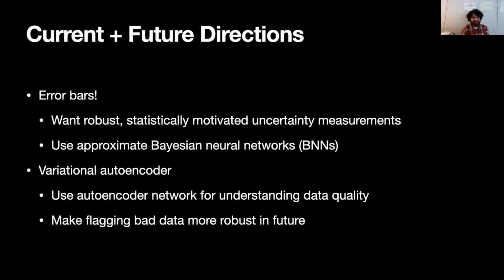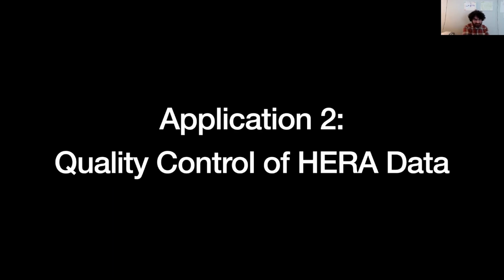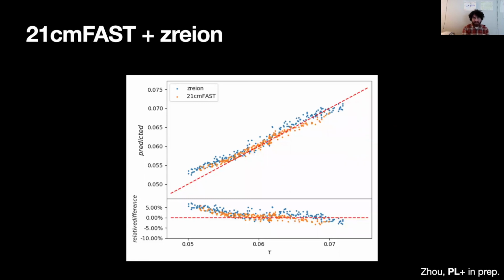Right, well, let me ask something, because I hadn't seen your latest result on training on 21CM fast and Z-Reion at the same time. That's something I've been really interested in for a while. We know that both Z-Reion and 21CM fast are probably wrong, and it's great to see that where they're wrong in different ways, you can get them not to overfit based on that.